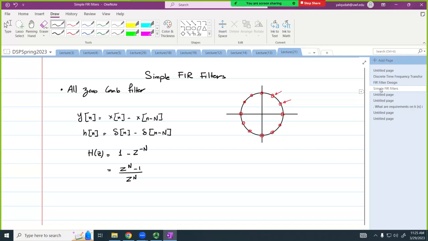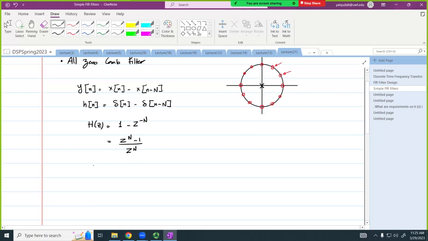Yeah, I mean, where is this pole location? At the origin. What does a pole at the origin represent? A delay. Does that make sense? So here we have a pole at the origin that's coming from z to the N, but this represents just a shift in the output. Does that make sense, everybody? Okay.